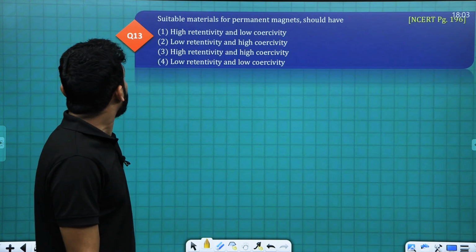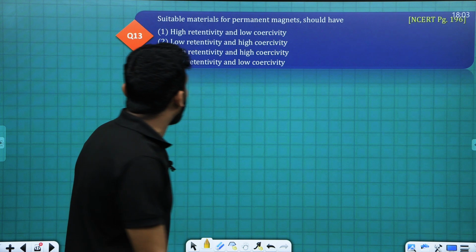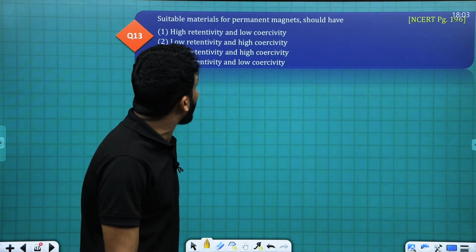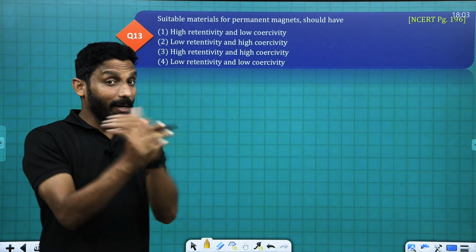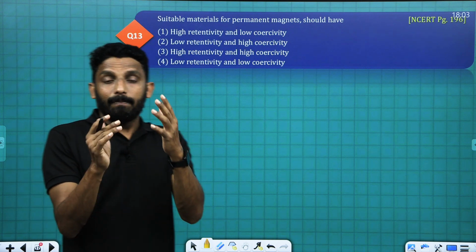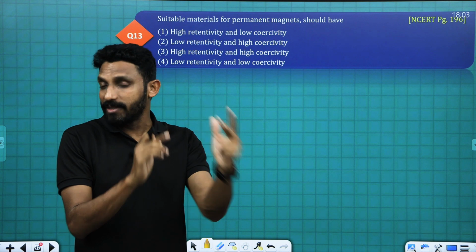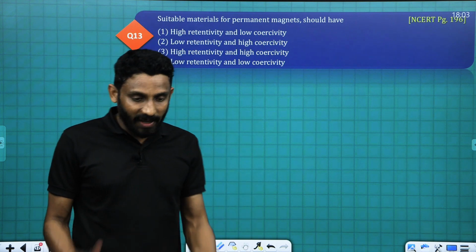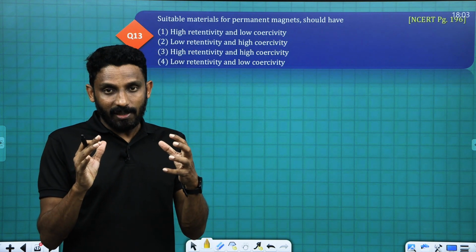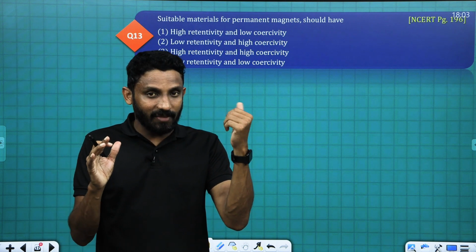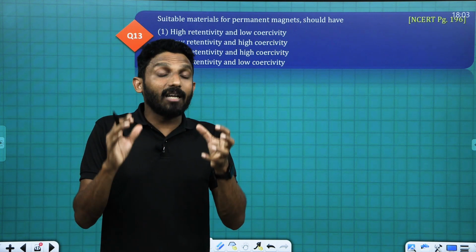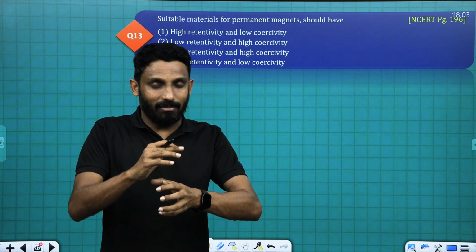13th. Suitable materials for permanent magnets should have very high retentivity and also very high coercivity. Very high retentivity means after the external intensity is withdrawn, the material should retain a huge magnetism.